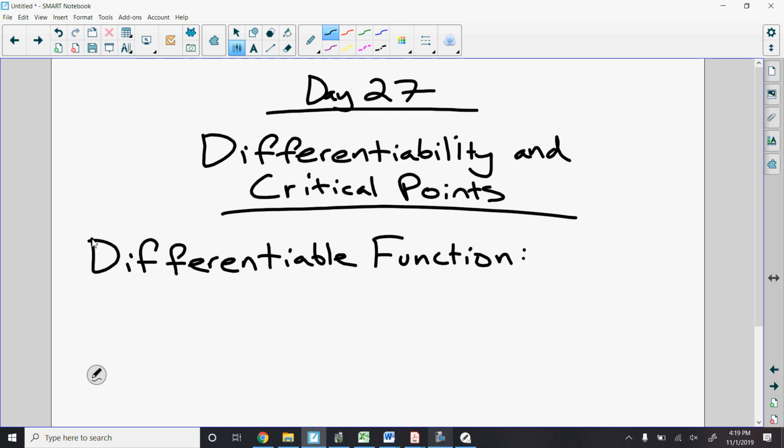If I tell you that a function is differentiable everywhere, that means we can take the derivative at any x value, at any x value.